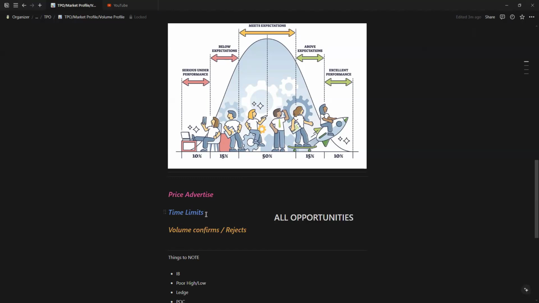Time limits all opportunities. How do you know it's a discount? They give a 50% discount till the end of this weekend. So time is limiting the discount or the premium.